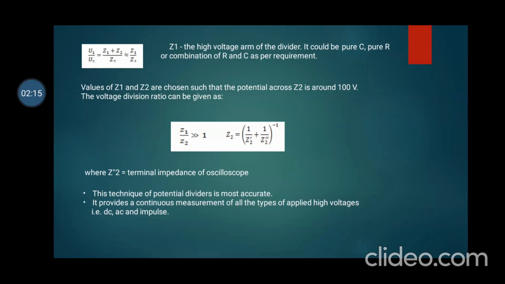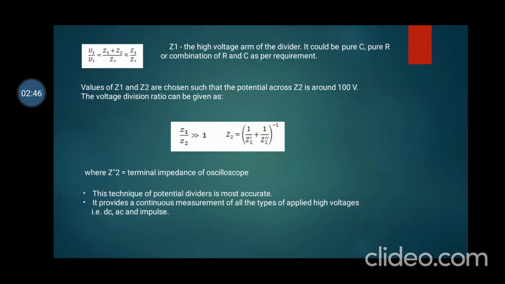The voltage division ratio Z1 by Z2 is very much greater than 1, where Z2 equals (1/Z2' + 1/Z2'')^-1, where Z2'' is nothing but the terminal impedance of the oscilloscope, where we will get the correctly reproduced wave of the voltage which is to be measured.